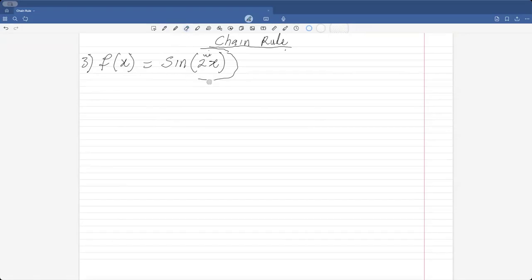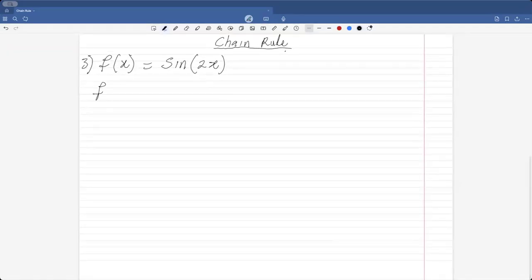So at this point in time, let us move ahead with the solution. So the f prime of 2x is nothing but 2. The f prime of sine 2x is what? What is the derivative of sine 2x? First thing first, what is the derivative of sine?